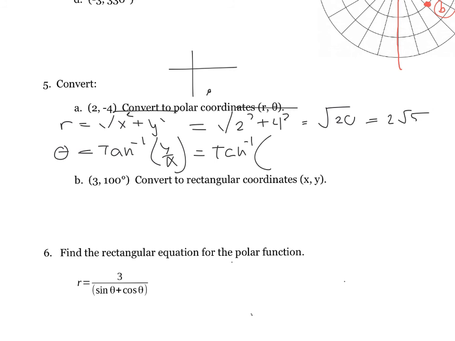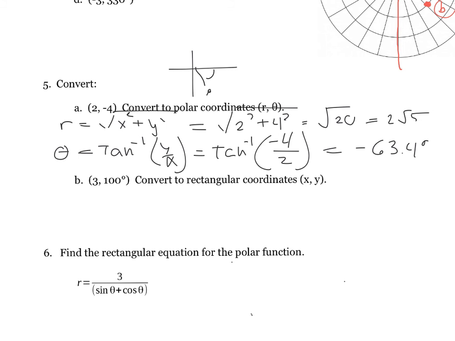The y is -4, x is 2. So the inverse tangent of -2, if you ask your calculator to give you the inverse tangent of -2, it will give you a negative angle. It will give you -63.4 degrees. And that actually is the angle you want.